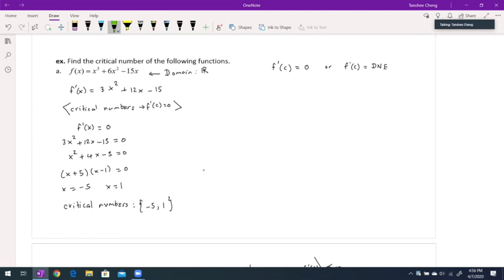Because we need to know where it is differentiable and where it's not differentiable, so that I can talk about f prime of C is equal to 0 or f prime of C is not defined. So you need to keep in mind that's the definition of a critical number. That's how we're going to get the critical numbers C.